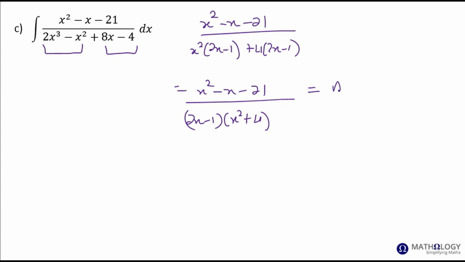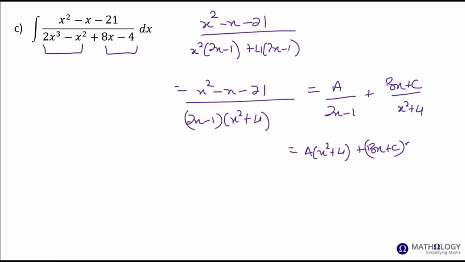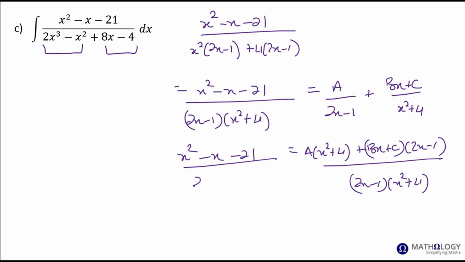So as partial fractions, we're going to have a over 2x minus 1 plus bx plus c over x squared plus 4. So we'll have a times x squared plus 4 plus bx plus c times 2x minus 1 over 2x minus 1 times x squared plus 4, and that equals x squared minus x minus 21 over 2x minus 1 times x squared plus 4.